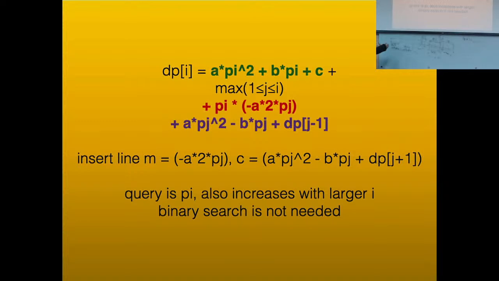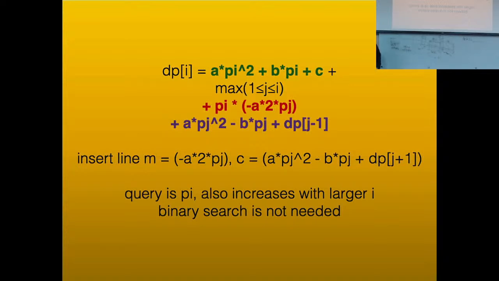Besides having a stack, we also have another pointer which starts from the front, which stores the query. Because we know the stack has increasing gradient, and the query also has increasing gradient, while the earlier pointer is lagging behind, we check whether increasing the pointer gives us a better value. If it gives us a better value, we keep increasing.